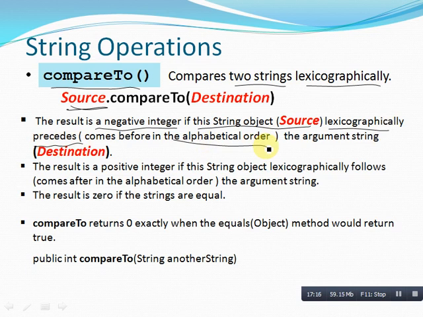For example, if the source is ABC dot compareTo destination XYZ, ABC of course is coming first, then XYZ. It will check the first characters A and X, so it will return a negative integer. The value of A and the value of X is taken, and it will do minus.